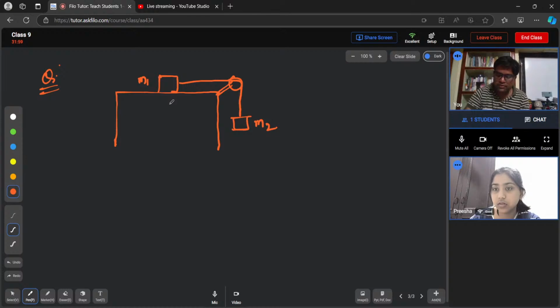It is given that the mass m1 is 10 kg and mass m2 is 5 kg. There is no friction between the table and the block, so it is a frictionless surface.